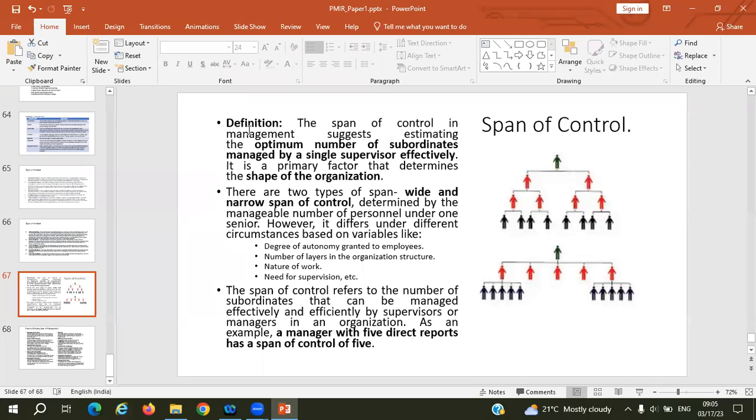Looking at the figure on the screen, are you able to tell anything? Are you able to guess what is span of control? You can tell anything looking at the figure diagram.